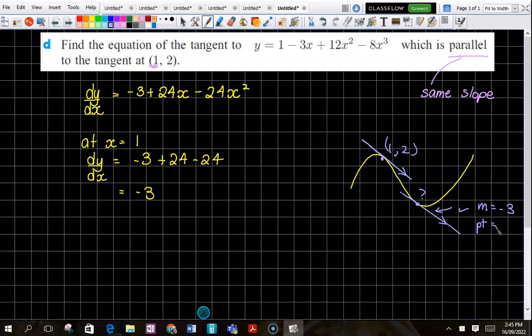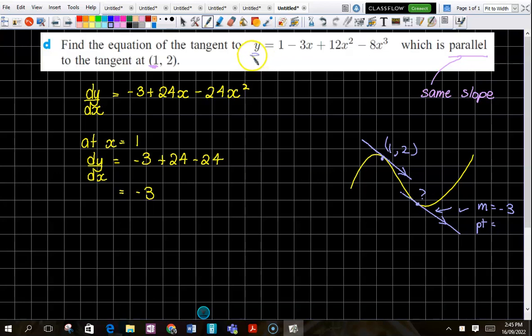Say that again. Would you mind going on voiceover? You make the derivative for the previous equation equal to -3. Yeah, because we're saying, well, we know the slope of the tangent can be equal to minus 3 at 2 points. What on this page represents the slope of the tangent?